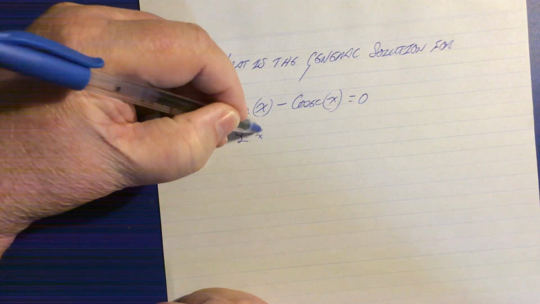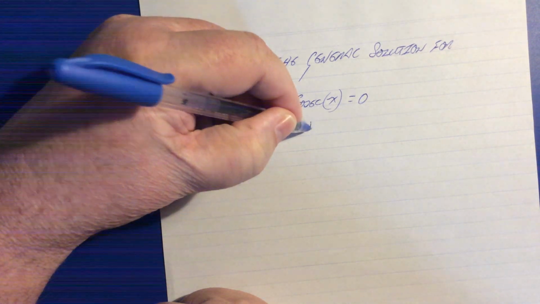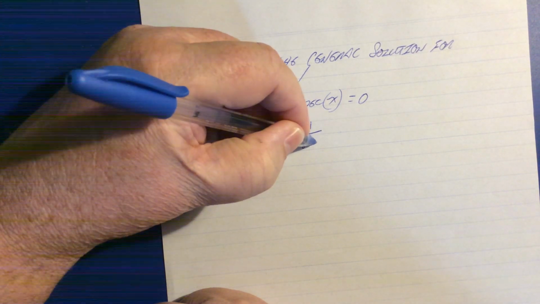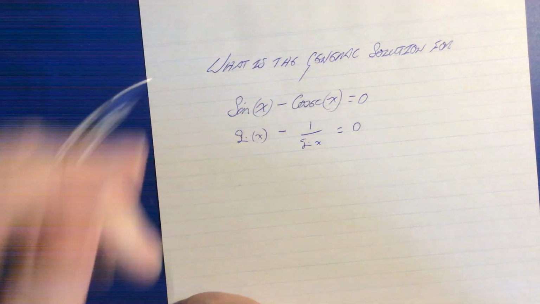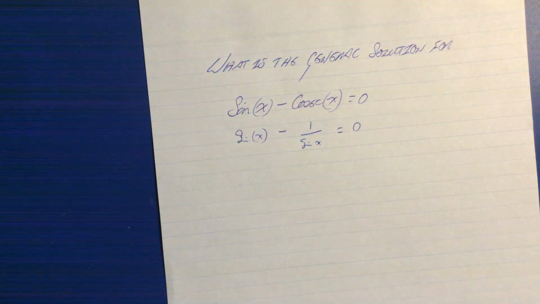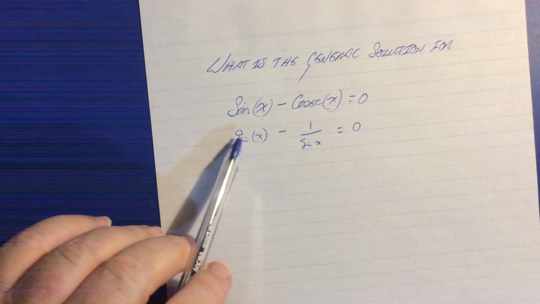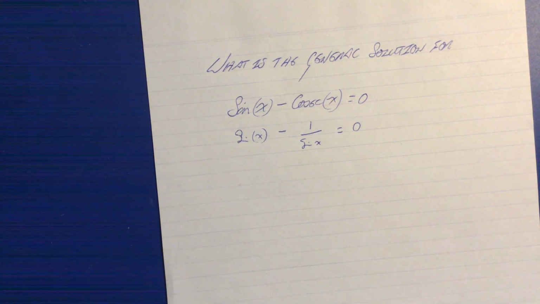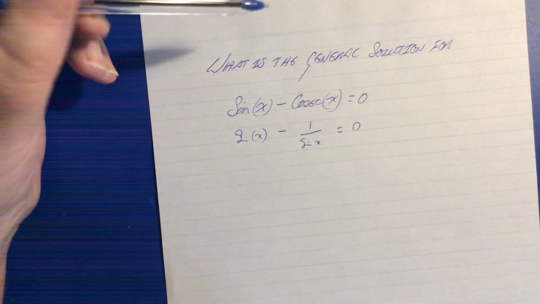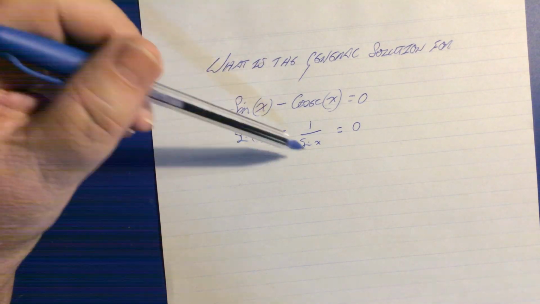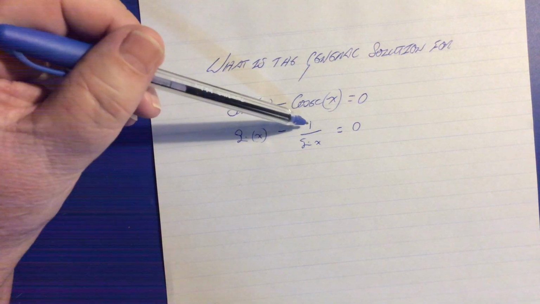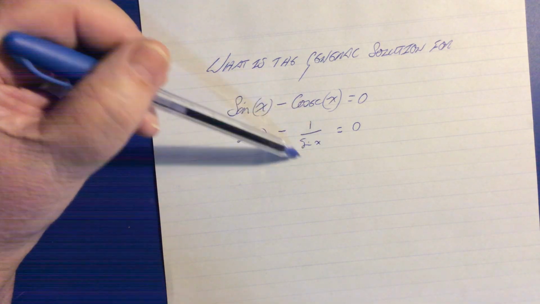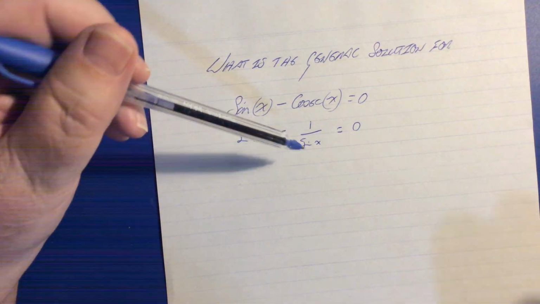So sine x minus 1 over sine x is equal to 0. How does that help? Well, at least we're dealing in the same ballpark. We're dealing with sines now. The next thing to do is to multiply through by the sine of x, which will rid us of this pesky fraction.